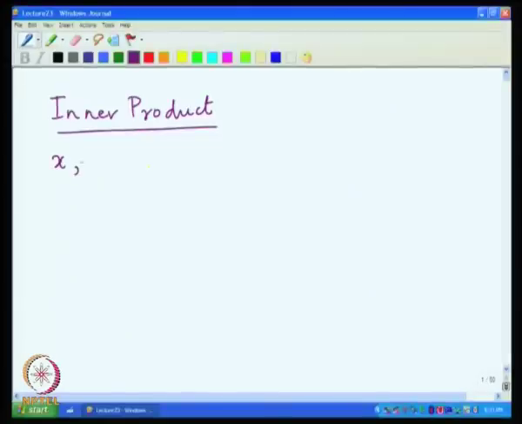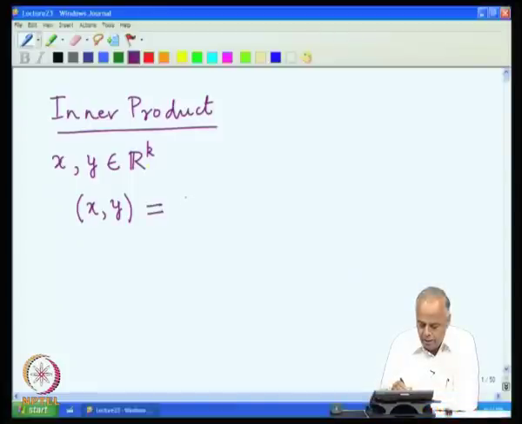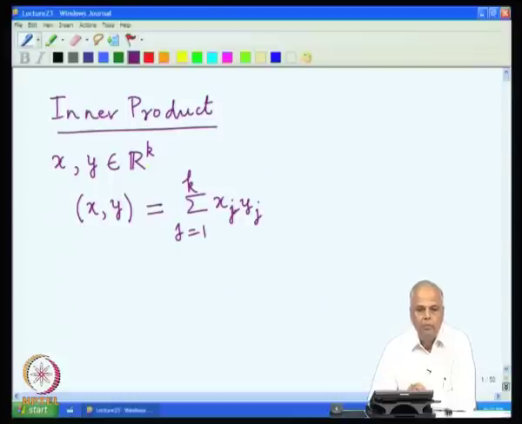Suppose x and y are two vectors in R k, we defined and denoted the inner product by x comma y, and we defined it to be the sum of the product of the components, which is just the generalization of the notion of the dot product we had when we were dealing with vector calculus in 2 and 3 dimensions.